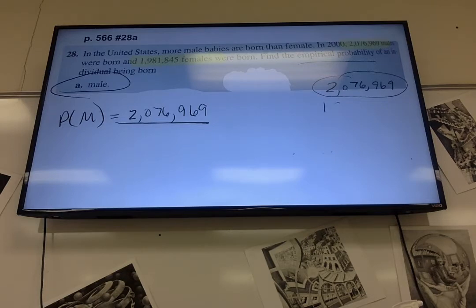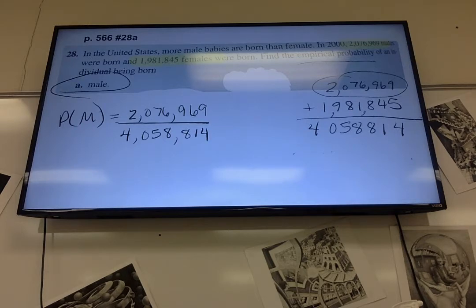So this is where you add these two up. Of course, if you wanted to, you could use a calculator. This is a really big number.